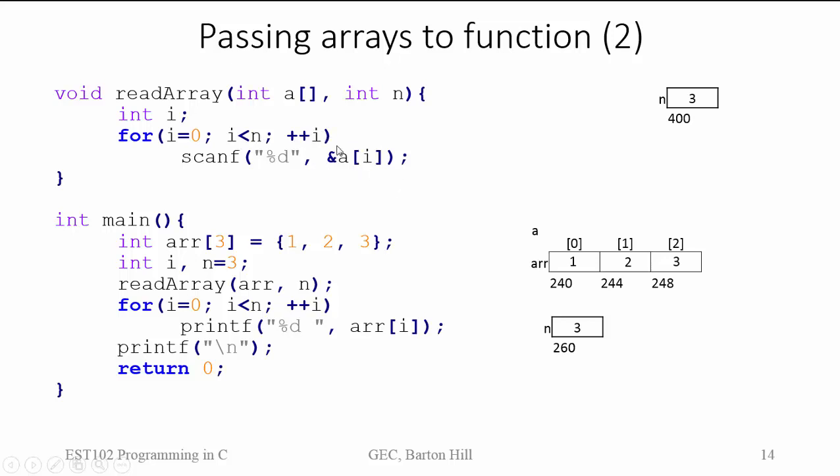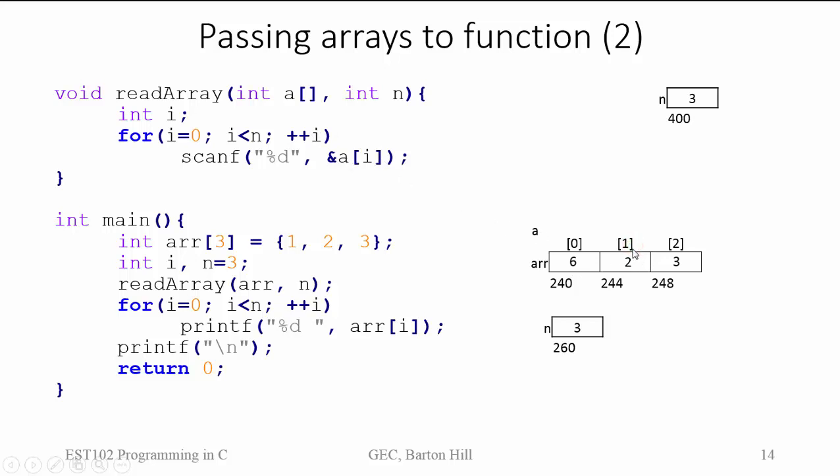This change will be made at A of I, that is at location 240, right? That is A of 0 is this location, so the change will be made here. So if I am entering 6, 6 will be stored here, and when I becomes 1, it will be stored at A of 1. So A of 1 is here.